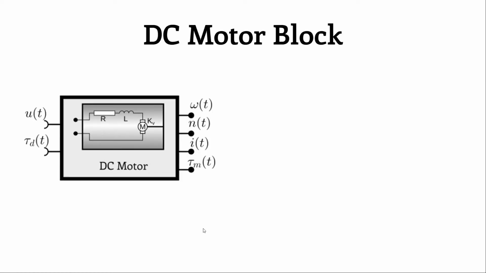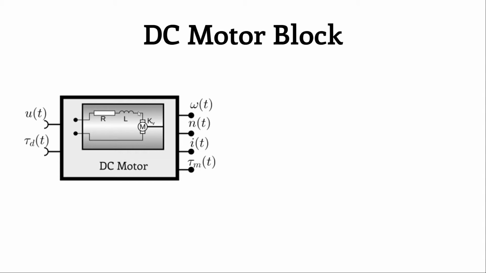In the first part, we will model a DC motor block. I won't go very much into detail about the theory of the DC motor block, but suffice it to say, we have as input the voltage across the terminals, and we have some external load torque, which later on will be the aerodynamic drag produced by our propeller turning in a fluid or a gas.